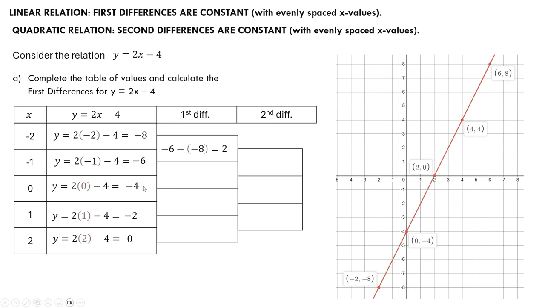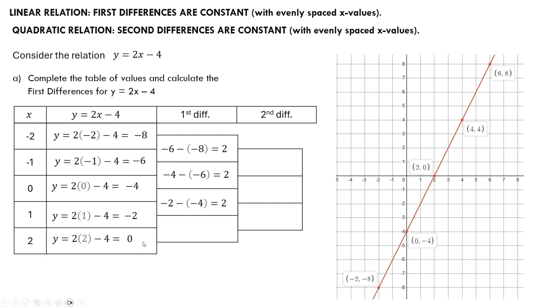Now we're going to look at the difference between these two y values. -4 minus -6 also equals 2. And then look at the difference between these two y values. -2 minus -4 equals 2.